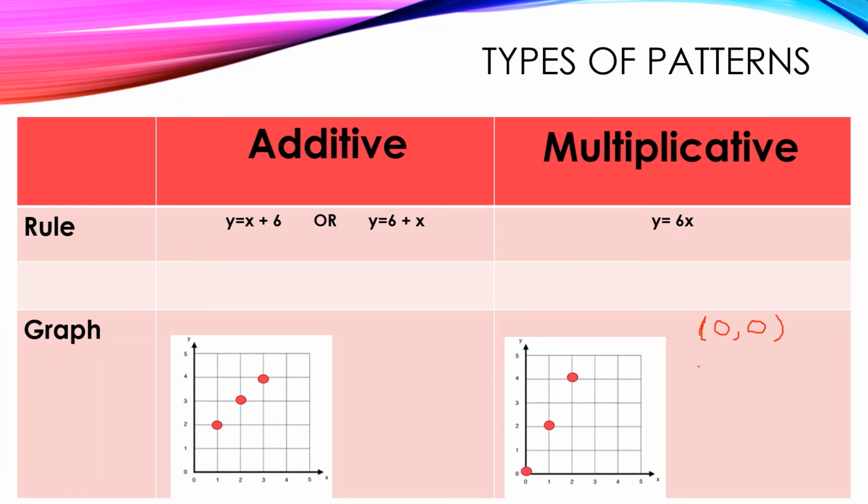For example, if I'm just making up this random rule, if our rule is y equals 13 times x, and where x is 0, if I multiply this by 13, my y will also be 0. And the only way we can get both x and y at zeros is by multiplication.